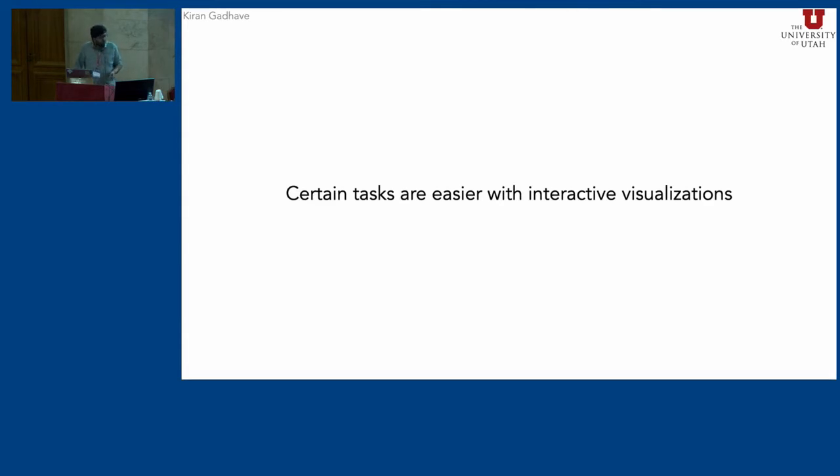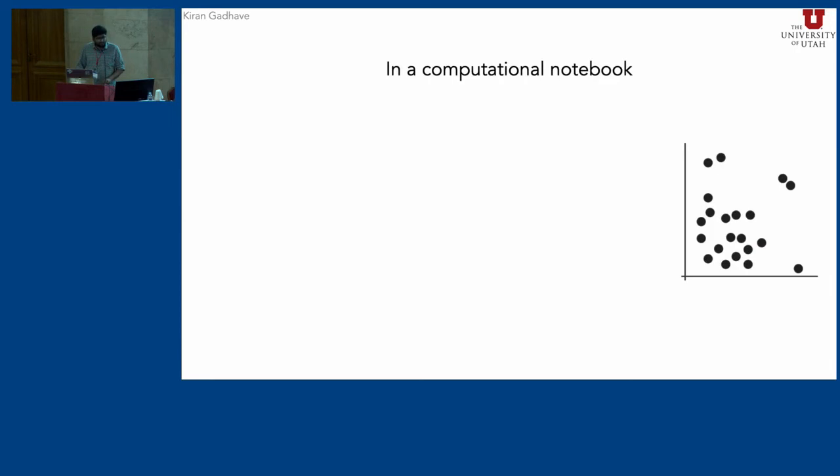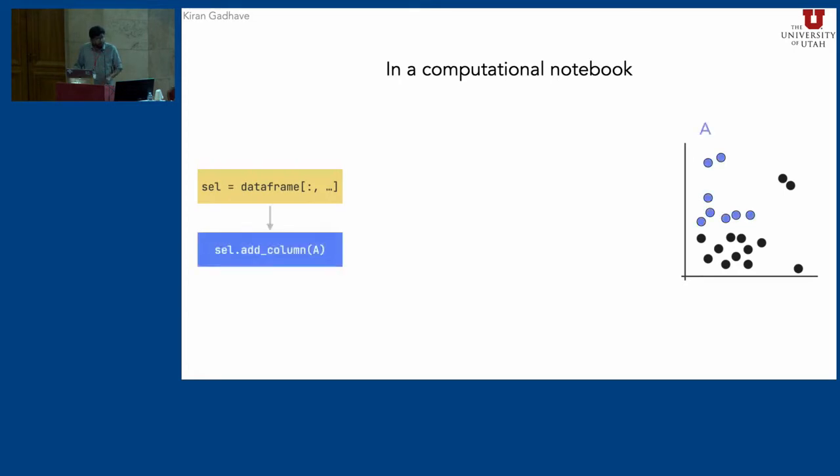Now, certain tasks are easier in interactive analysis environments. For example, tasks like labeling, aggregation, filtering, or categorization, where you can see the data and play around with it visually, are easier to do. Let's take an example where we have this data set and we want to categorize it into 3 categories. In a computational notebook, you will start by writing a query predicate to select a subset of data. Then you would write some code to add a category column to it.